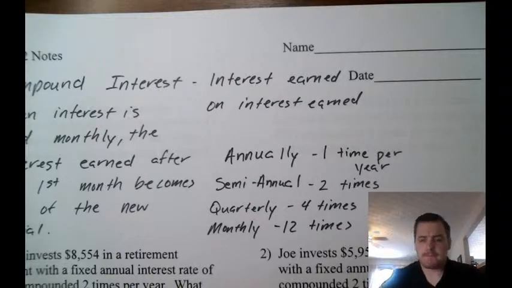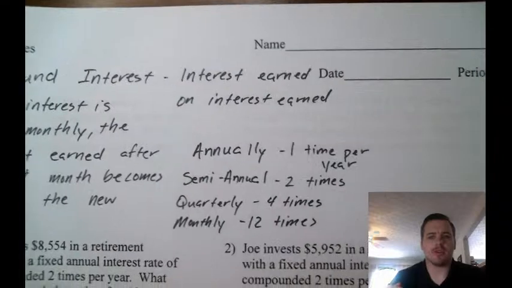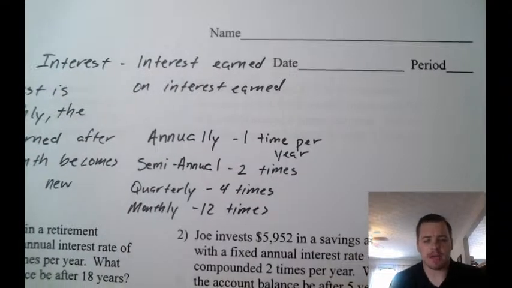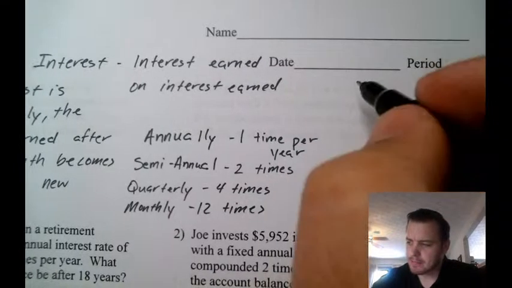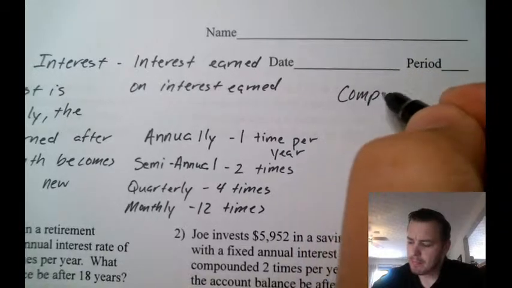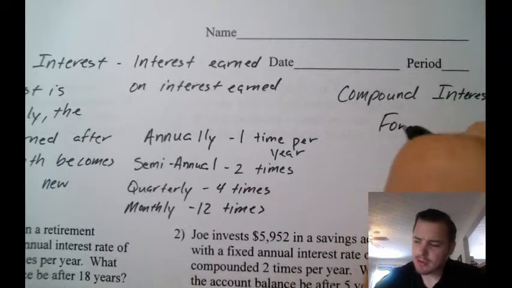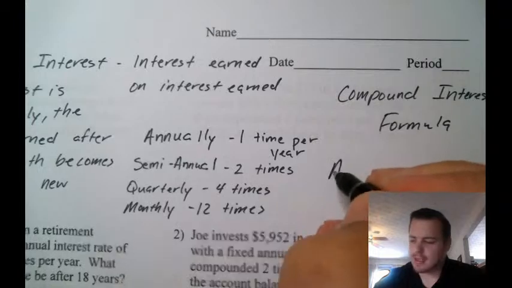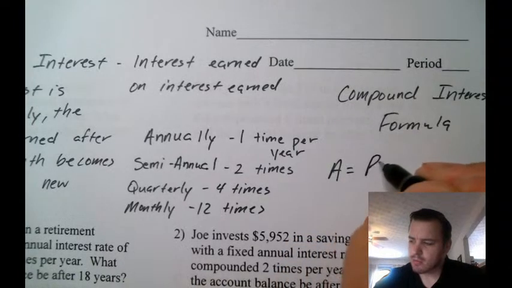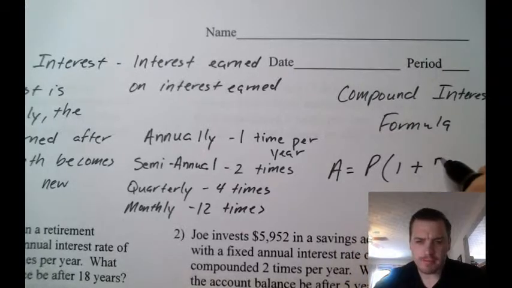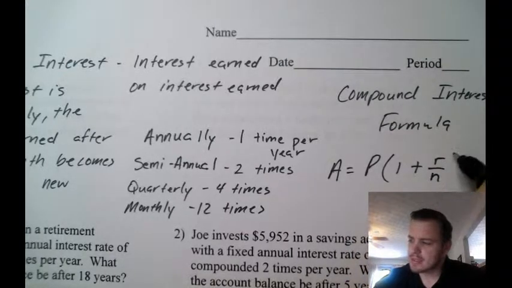Okay. So there is a formula that will allow us to calculate how much people make. And that formula is this right here. It's called the compound interest formula. And here's what it is. A, the amount you make, is equal to the principal times 1 plus the rate over n, raised to the n times t power.